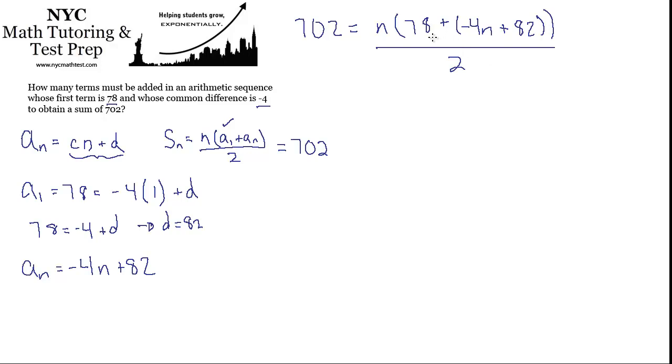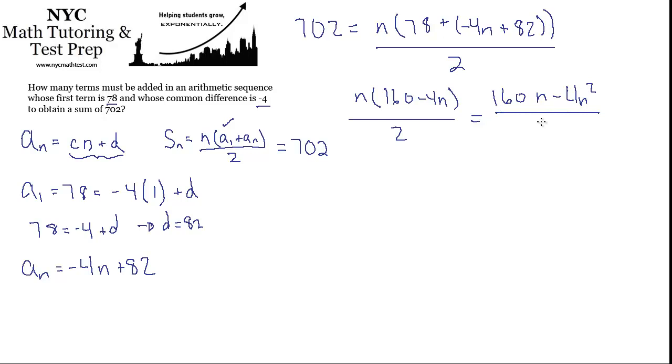Okay, now let's simplify this algebraically a bit. In here we can do 78 plus 82 is 160, so we now have n times 160 minus 4n all over 2, which is 160n minus 4n squared over 2, which we can actually divide by 2, so that would be 80n minus 2n squared.